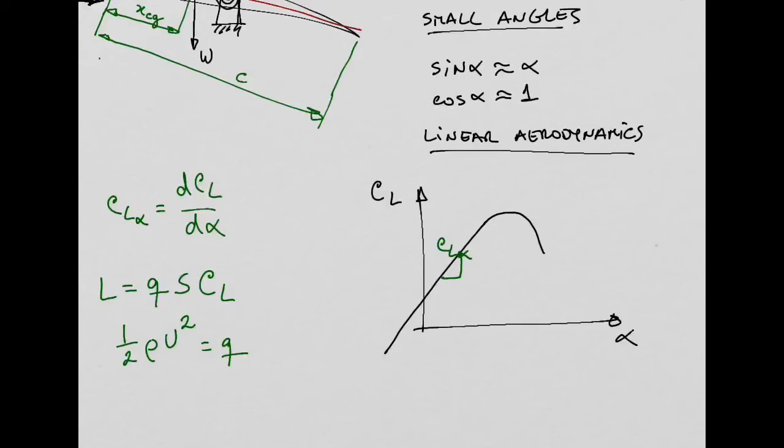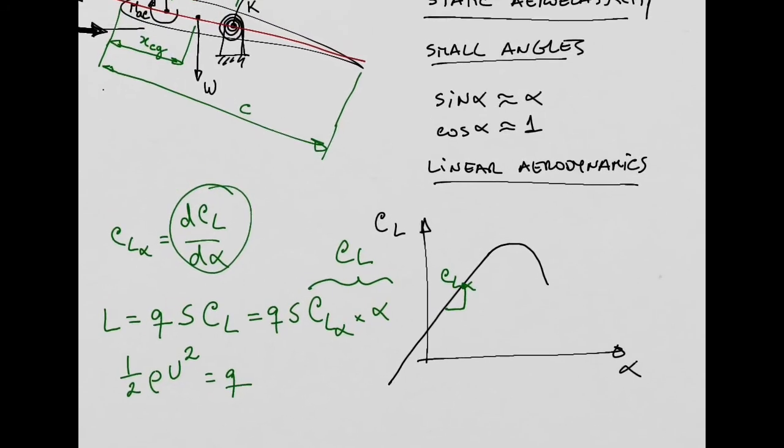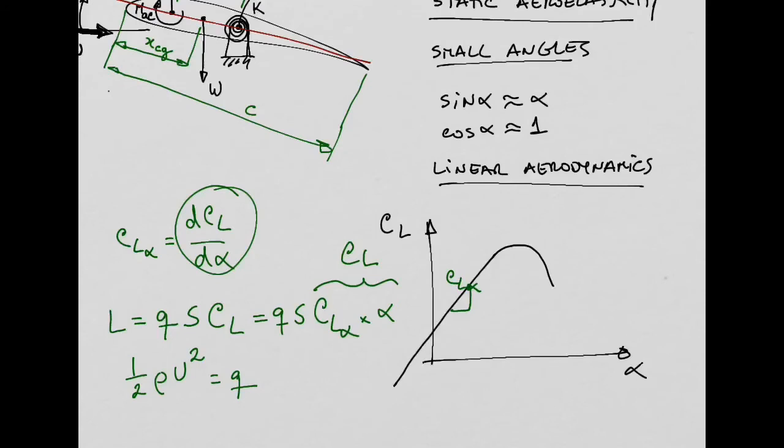My lift coefficient is equal to CL alpha, which is the derivative or the slope, times my angle of attack. So CL alpha times angle of attack is my lift coefficient for a specific angle of attack, right? Okay? So nothing new so far for you.